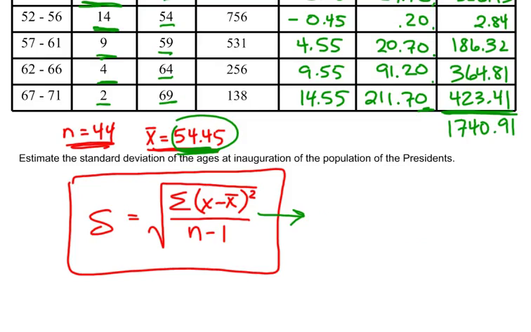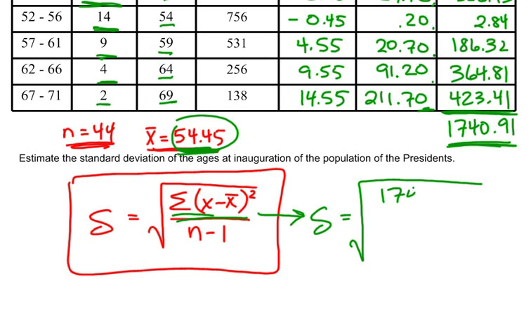Well, s is going to be equal to the square root of the sum of the x minus x bar squares. Well, the sum of all of them was what we got when we took each one and multiplied by the frequency to account for all of the occurrences that we had. So that sum came out to be 1740.91, and that was why we went through that whole ordeal of making this large table, was to get that value.